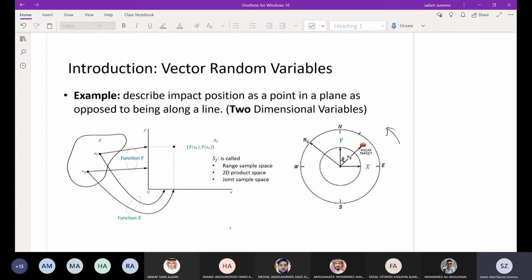Now, if I'm not interested in the angle, if I'm interested in the position, I can describe it in terms of two random variables, x1 and x2, so the x and y, right?